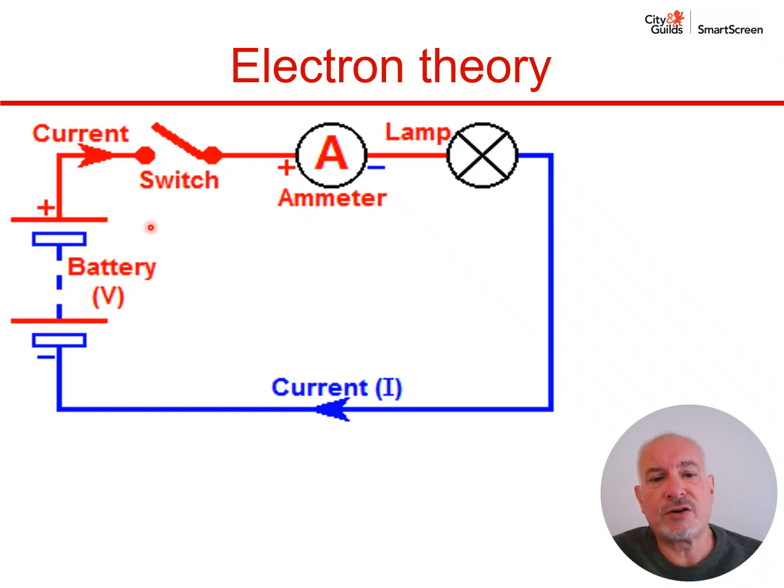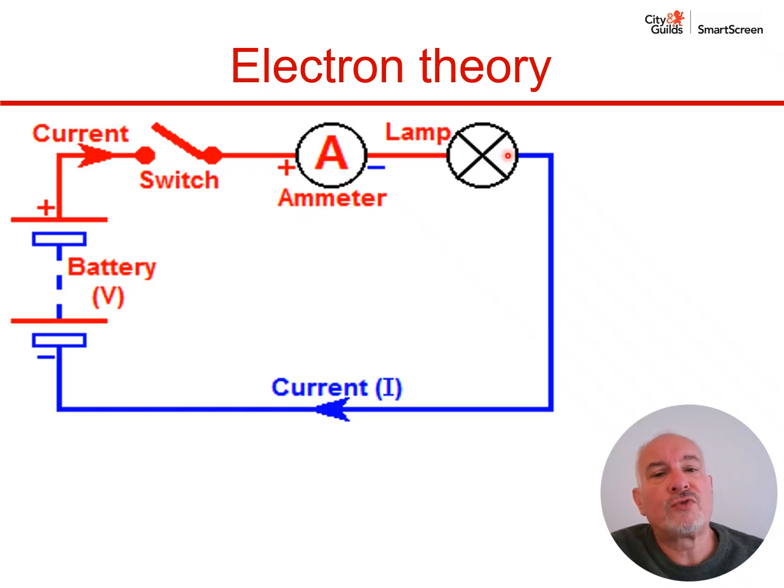We also have in this diagram a switch, and this is the representation in a diagram of a switch, and of course we have switches in order to turn circuits on and off. We don't need to worry too much about the A, that's representing an ammeter, which is just a measuring device, a meter that measures the current flow. We'll look at that in further detail another time.